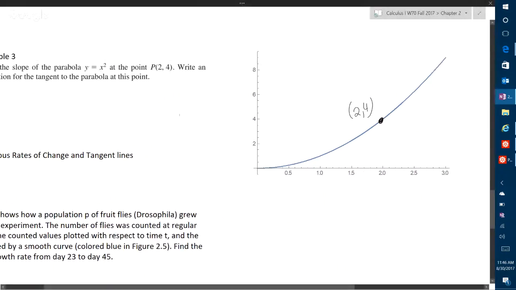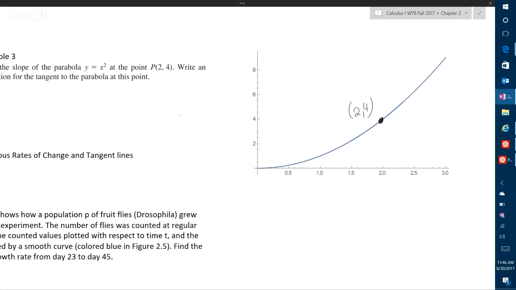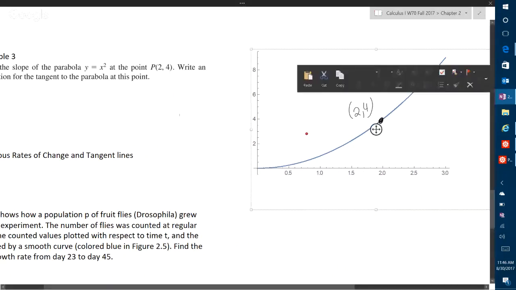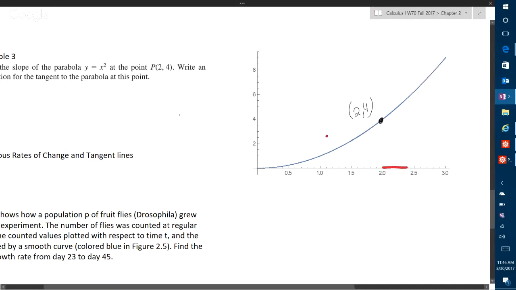I'd like to specify some type of general interval, okay? What is the length of this interval? What have we been calling it? H. You could also call it delta x, or the change in x. It's the same thing.